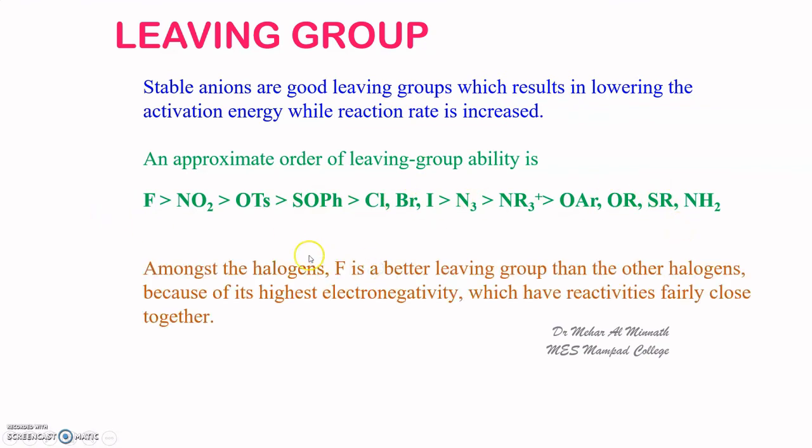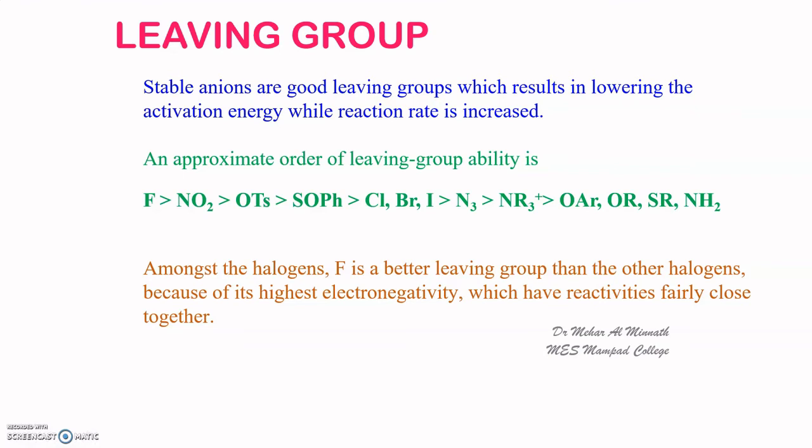Now among the halogens, you can see here fluorine is the best leaving group, even though the C-F bond is very strong. We say that the C-F bond is very strong when compared to the C-Br or C-I bond. But still, fluorine is a good leaving group in the SNAr mechanism.